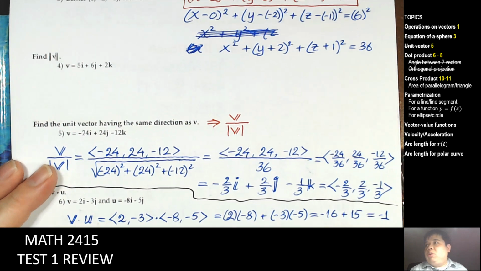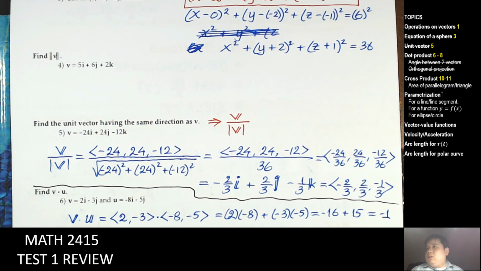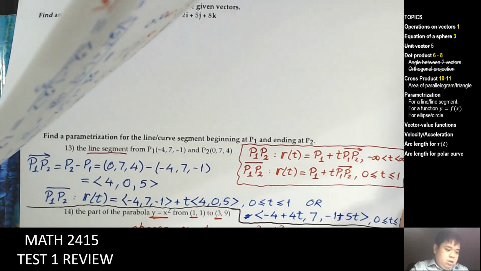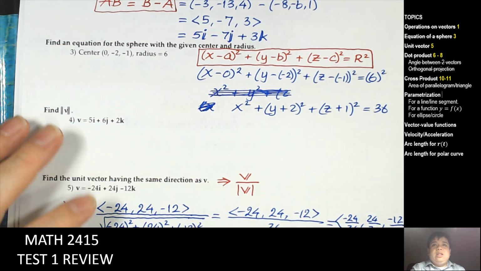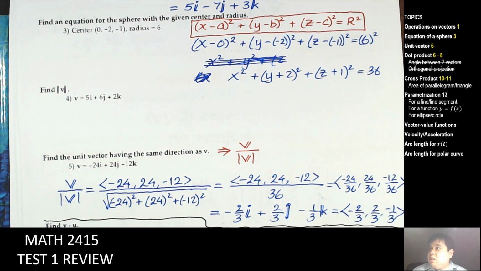Now we're back to the review. So that is 13 and 14. We just write that on the list. And then I'm going to hand out that little prompt later.